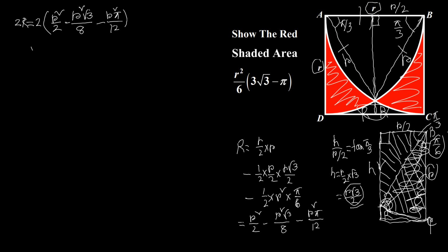If we multiply with the 2, then it gives us r square minus r square root 3 by 4, and another one minus r square pi by 6. This is the area we got from here as twice r, because we multiply with the 2 on both sides. This is the 2r.